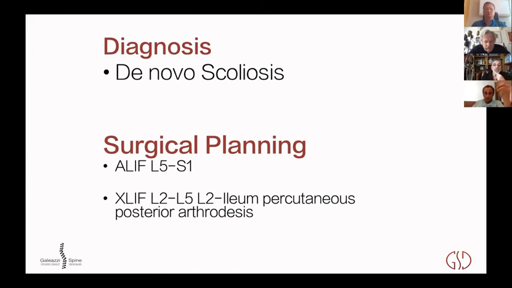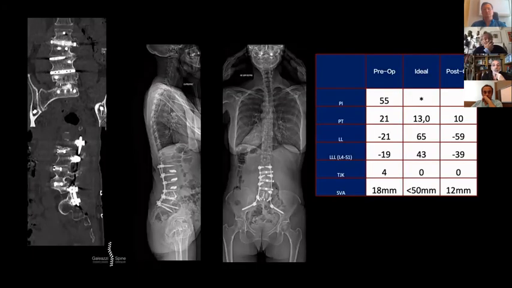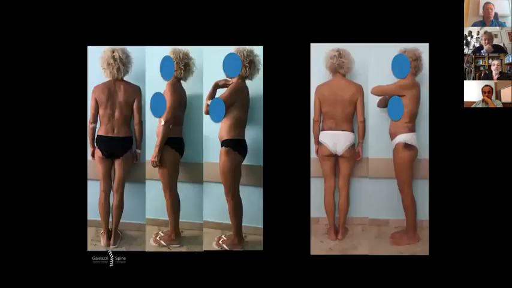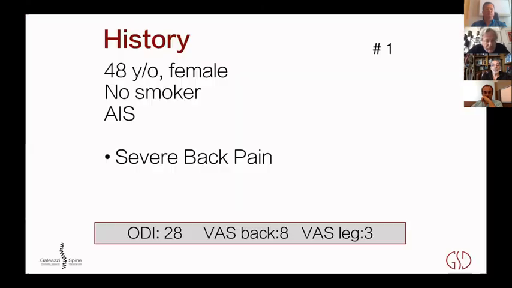In fact, in this case, we performed an ALIF at L5-S1, an ALIF from L2 to L5, plus a posterior instrumentation. As you can see here, you see the ALIF, the 3 levels of XLIF. The result is very close to ideal in terms of sagittal and coronal alignment. Here you can see the patient.